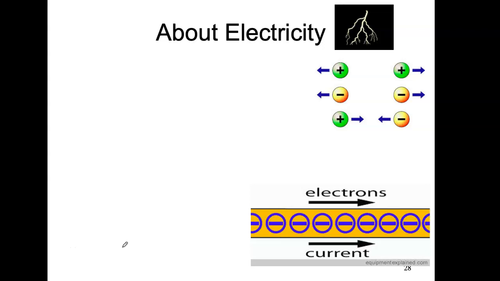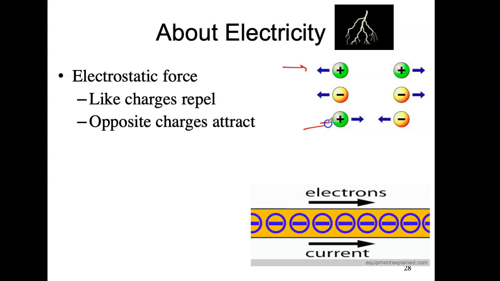So the first thing we want to think about is just about electricity, about charge, about positive ions and negative ions that are going to attract each other or repel. So in this diagram here, we have a positive and a positive charge that's repelling, a negative and a negative charge that's repelling, and a positive and a negative charge that are attracted to each other.